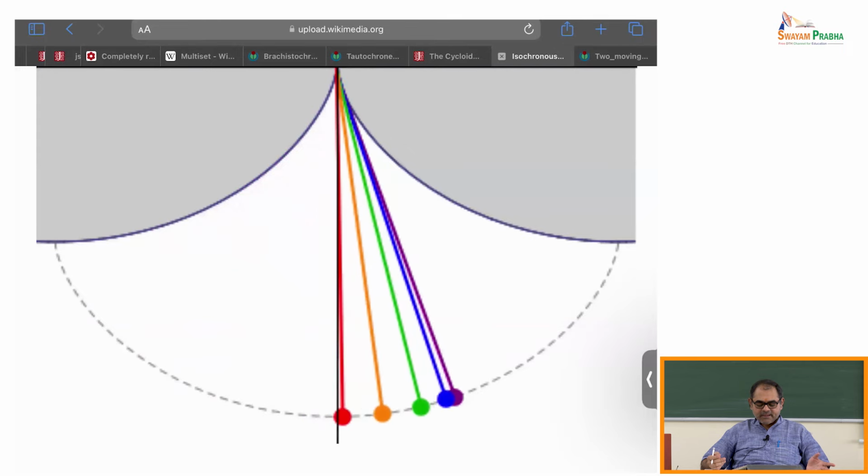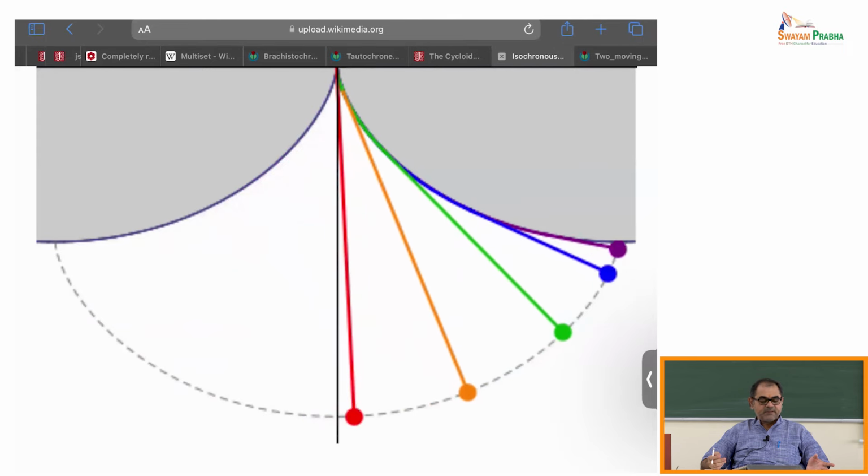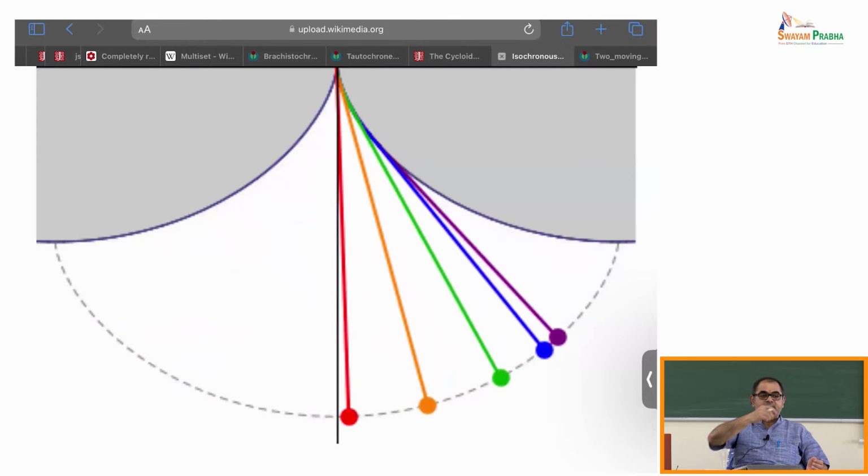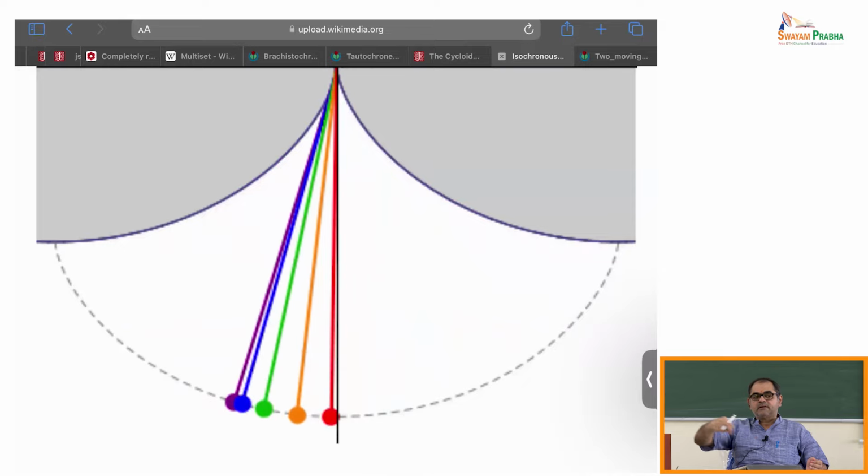And you can believe that, again, you see the cycloidal shape is very, very important. If you take a simple pendulum, the arc along which the bob of the pendulum moves is actually an arc of a circle, but here the arc is the arc of a cycloid. And also the string of the pendulum is constrained on both sides by portions of the cycloid.